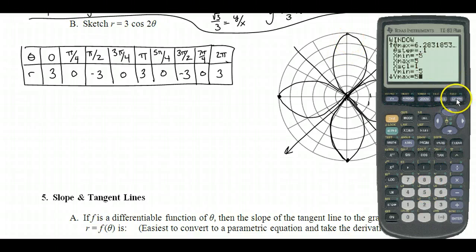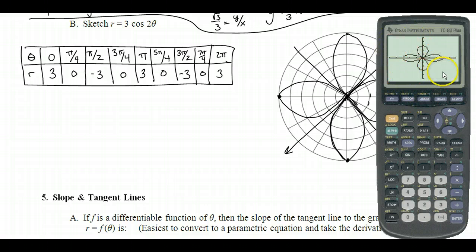I already know what the graph looks like, so I know that should be sufficient. And there is my equation. You can see when it's graphing that it ended exactly here and it didn't retrace, which is one thing that I like to see.